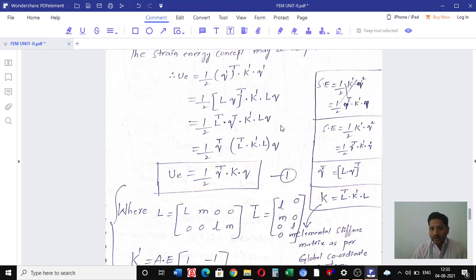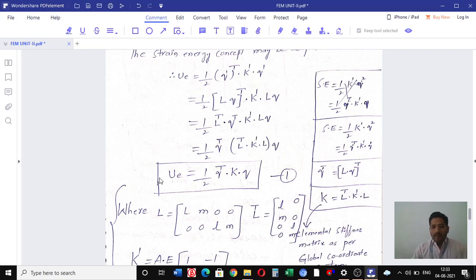If you observe here, 1 by 2 as it is, and here we are taking Q transpose outside. The remaining term should be L transpose K dash into L, and the remaining Q we keep outside.